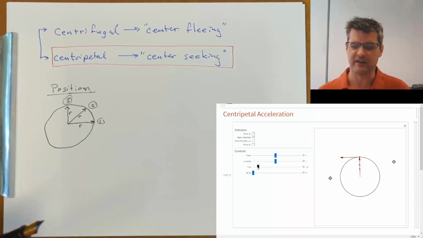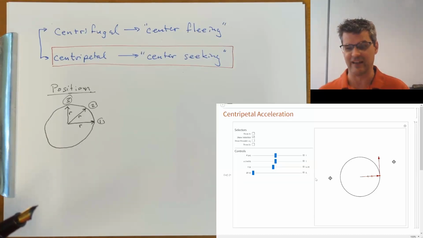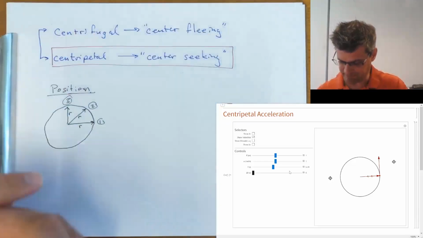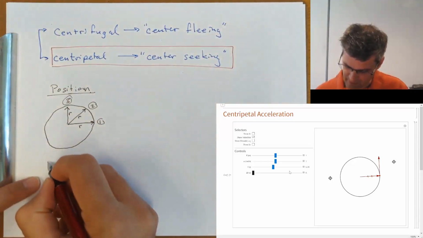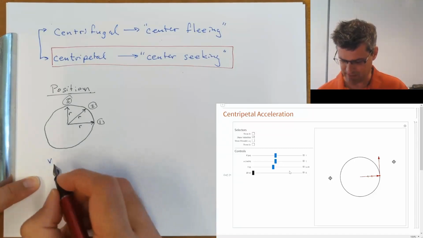So going back here, over a certain amount of time, if enough time passes, I get back to my initial position. So there is a special amount of time where the particle travels a distance, the circumference of this circle, in a set amount of time. I'm going to call that time capital T. So if I wanted to know the speed of the particle, this is velocity without a vector, so this is just the speed.